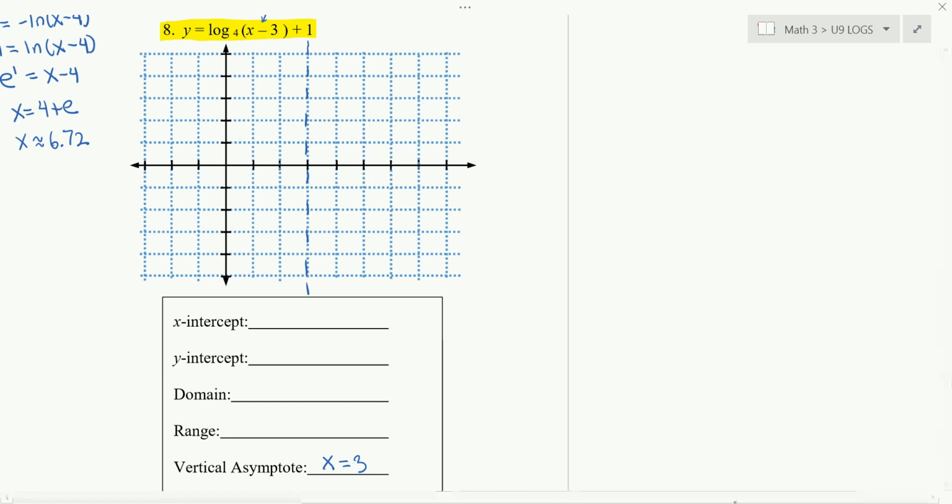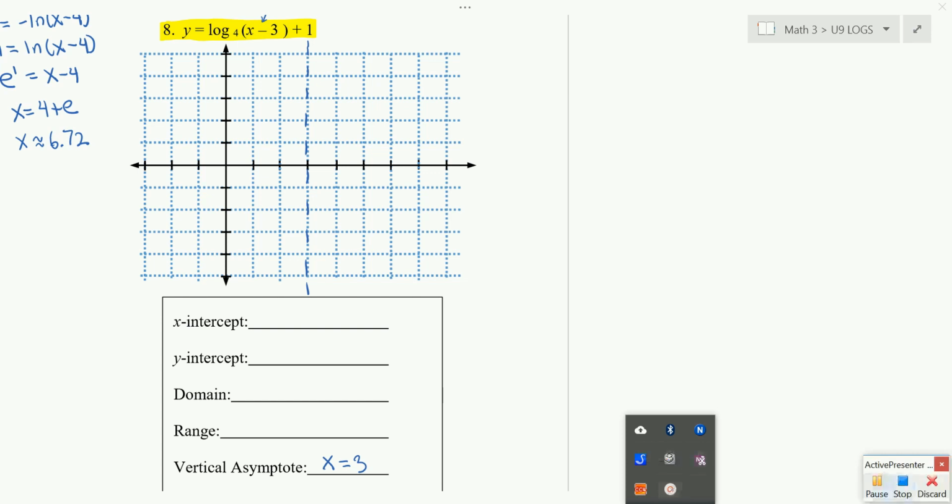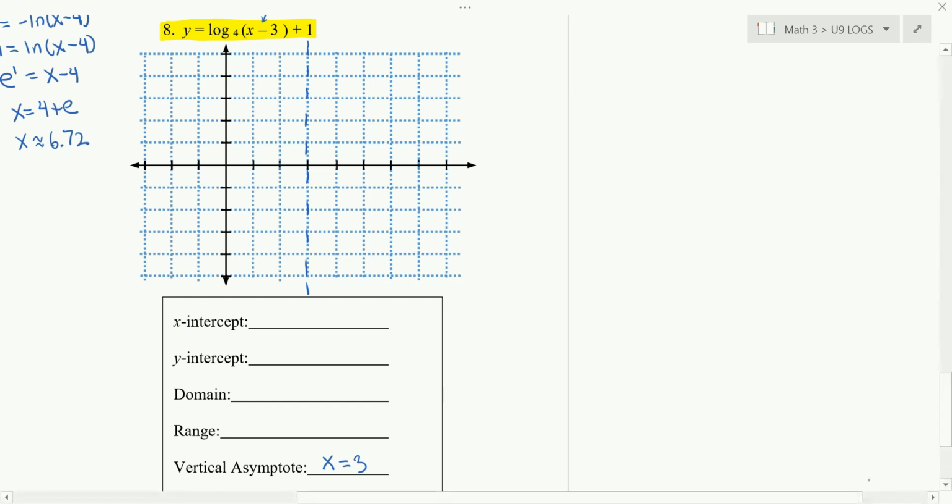Next I'm going to go for the x-intercept. To find the x-intercept, we plug in 0 for y. I'm going to subtract 1 first.